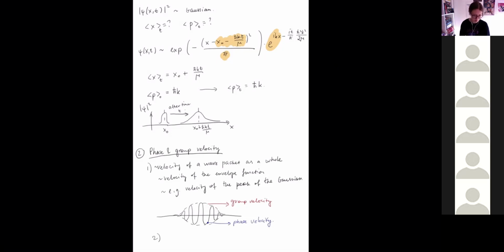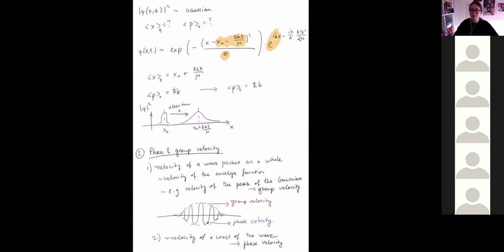So the velocity of a crest of the wave is called the phase velocity, and the first one is called the group velocity.